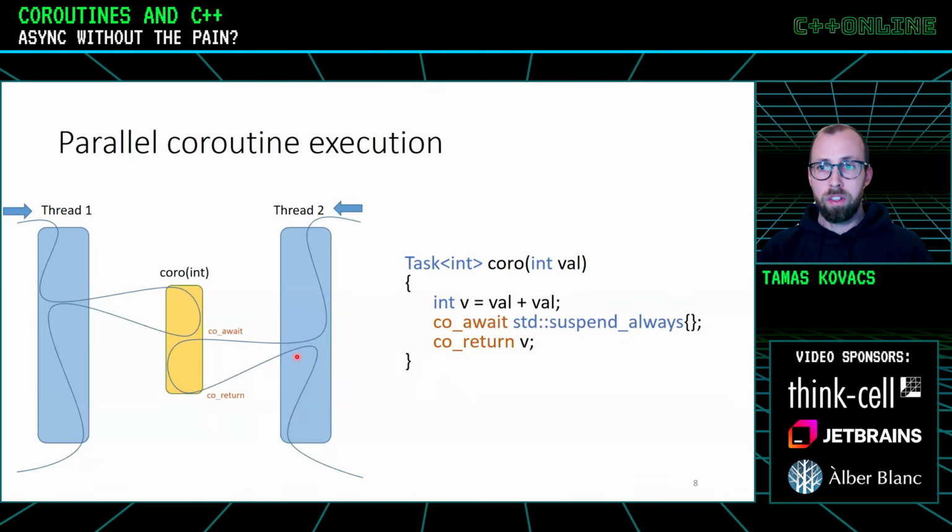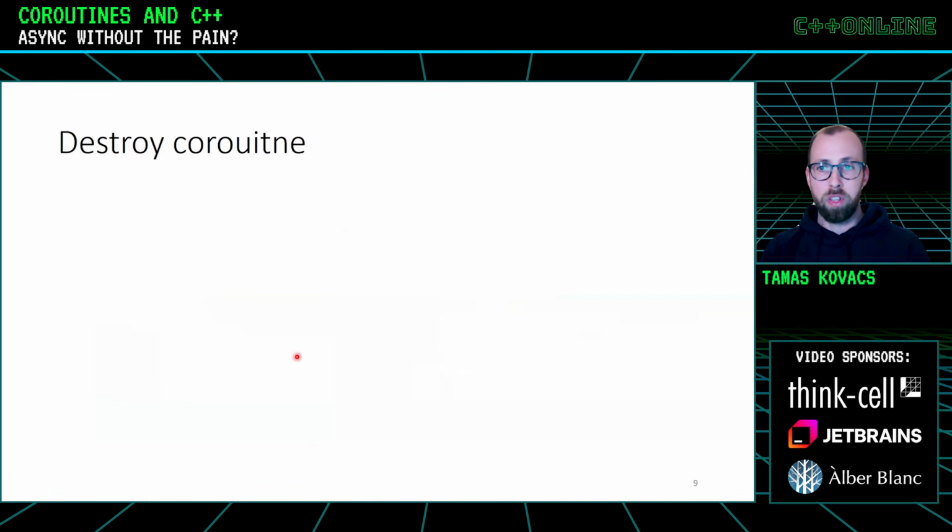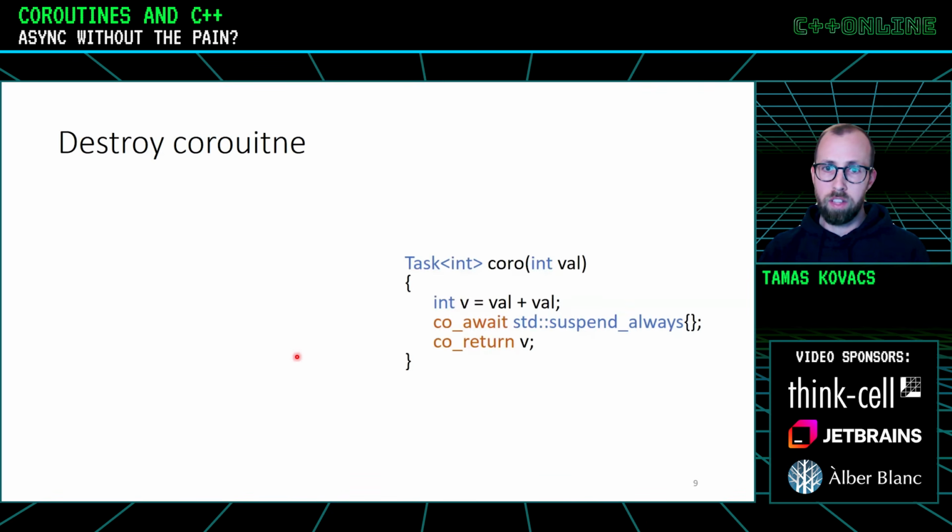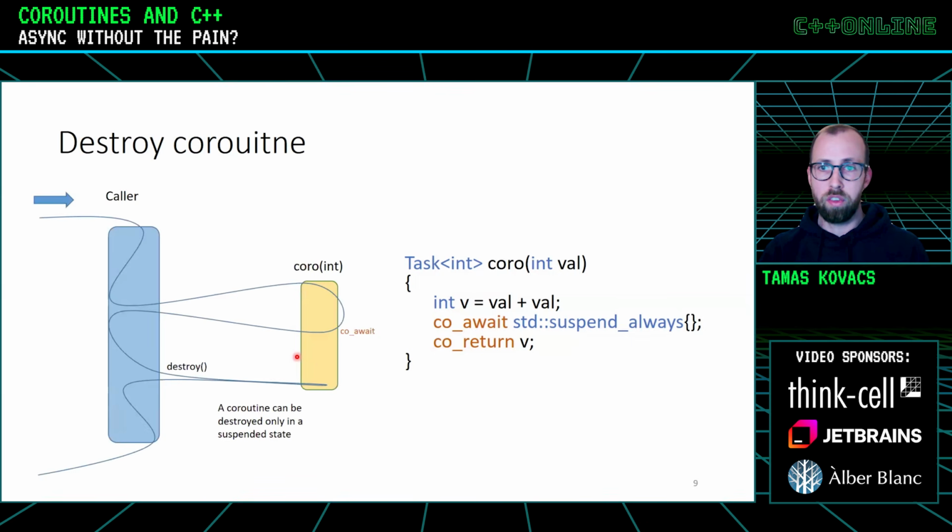But what about destroying the coroutine function? I said that the coroutine function can be destroyed before completion. That means on the right side the same coroutine, and if you take a look at the control flow, you can see the caller resuming the coroutine, starting it, reaching the suspension point, and later deciding to destroy it completely.